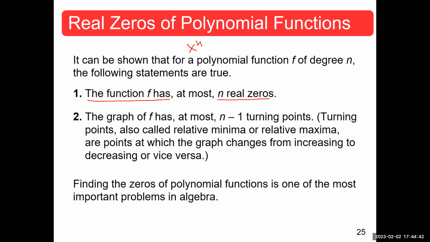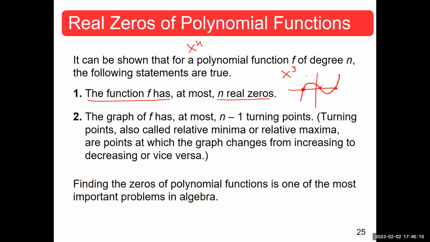We can get less. So if I have something x to the power 3, that means I will have at most 3 real zeros. The main reason is that the function could look like this, and if you count how many intersections with x, the maximum is 3.